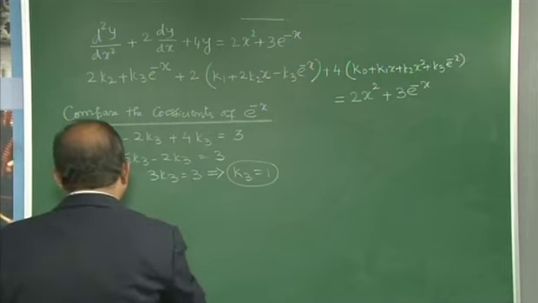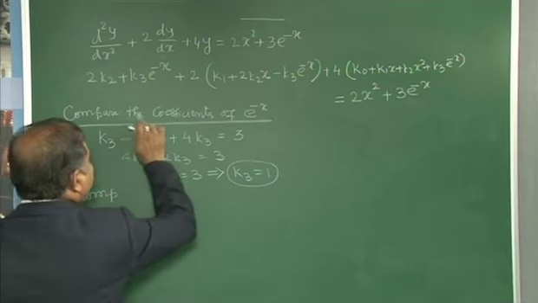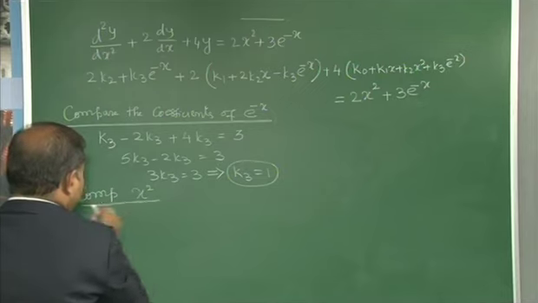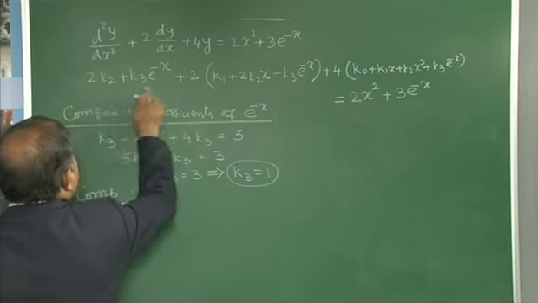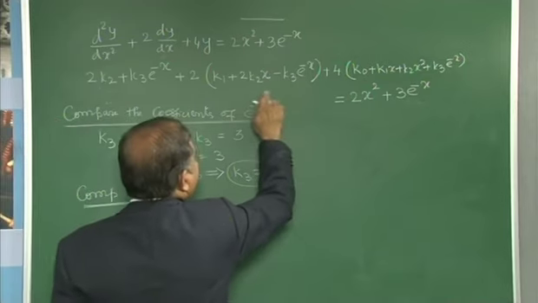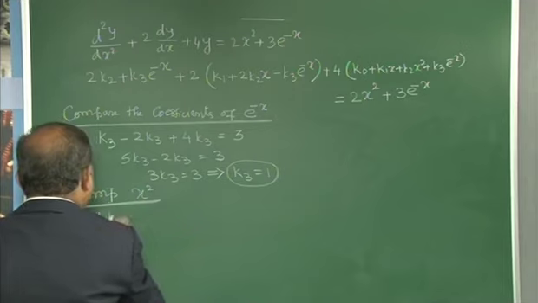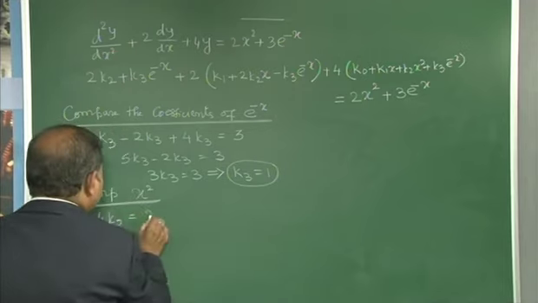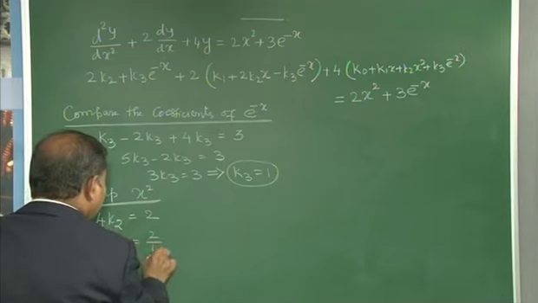Then what is the next term? Compare the coefficient of x square. Like this you should write: compare the coefficient of x square. No x square here, only in that place. What is it? 4k2 is equal to 2. So what is my k2 value? 2 by 4.